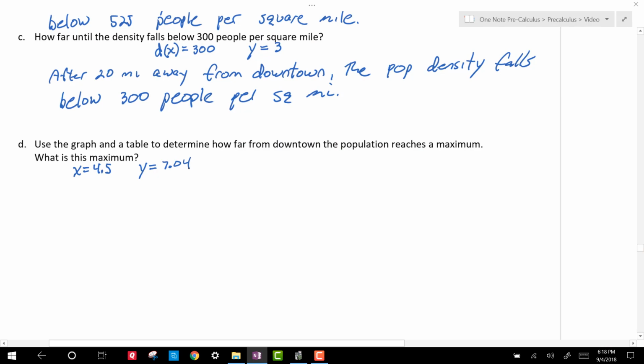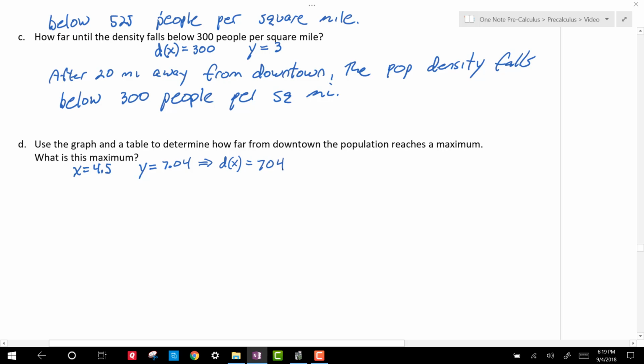Now we got to think about this in terms of our graph. Our x values do represent miles away from downtown, so those are okay. But my y values need to be multiplied by 100. So what this implies is that d of x is equal to 704.